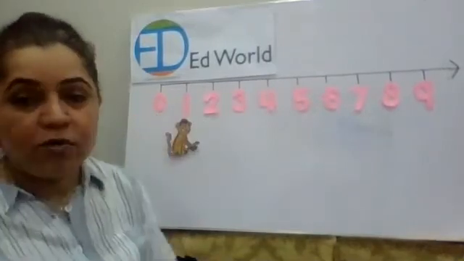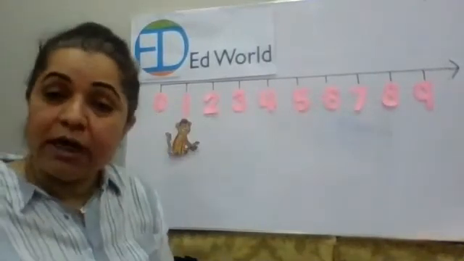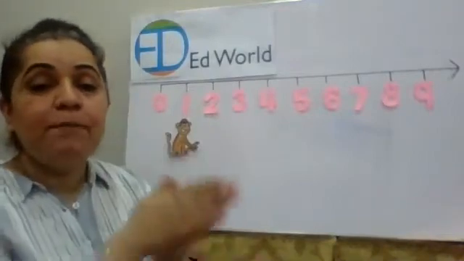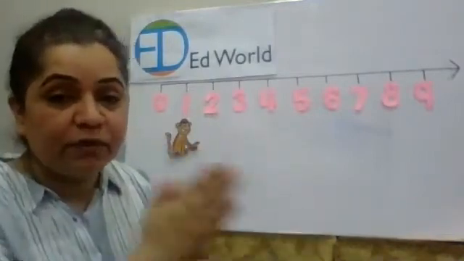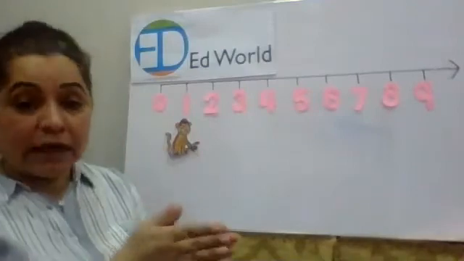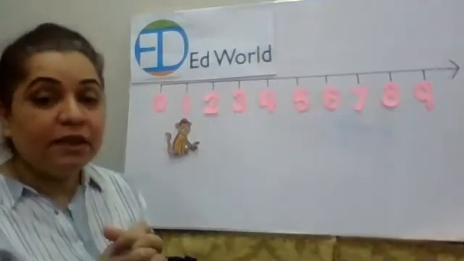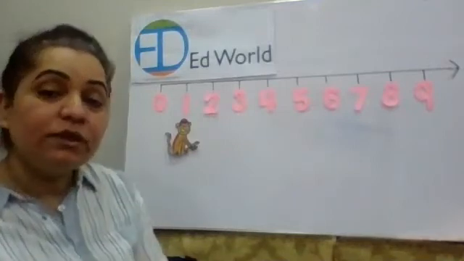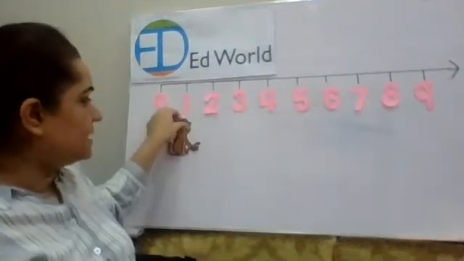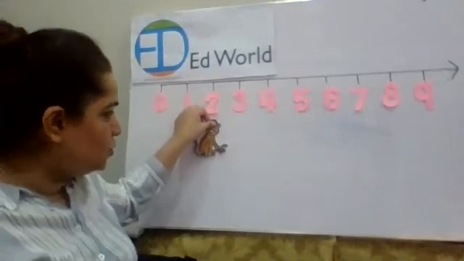Okay. Now, if we want to ask Jackie to jump on the bigger number, right? Bigger than 1, right? So he is going to jump on bigger than number 1. And what will that be? Yes, that will be number 2.